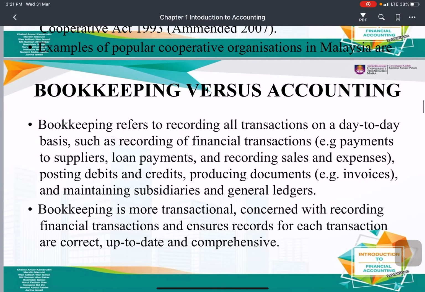All right. Bookkeeping versus accounting. So what is bookkeeping? Bookkeeping means that we keep all transactions day to day, for example all the expenses, all the purchases, all the payments, all the loans and everything. We just keep a record of what happened in the daily transactions, such as payments made, payments received, and what types of invoices we get.